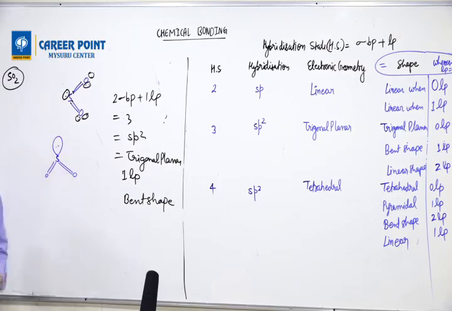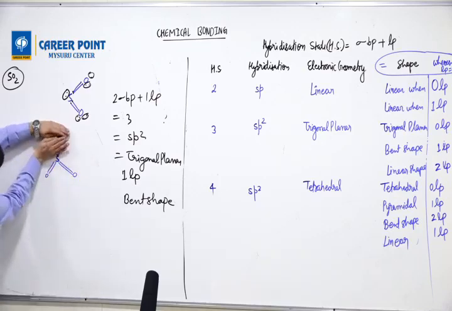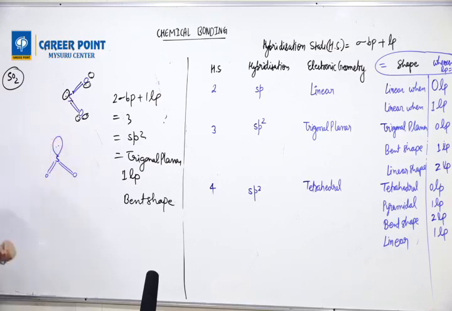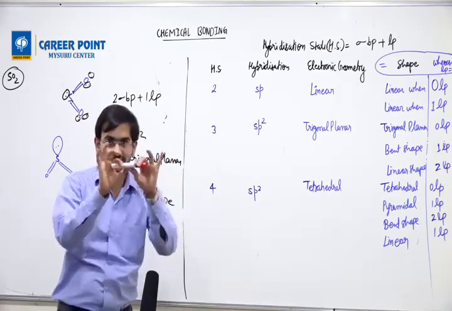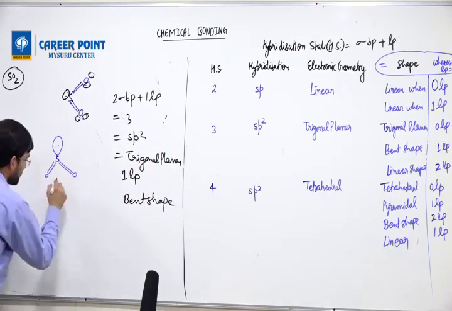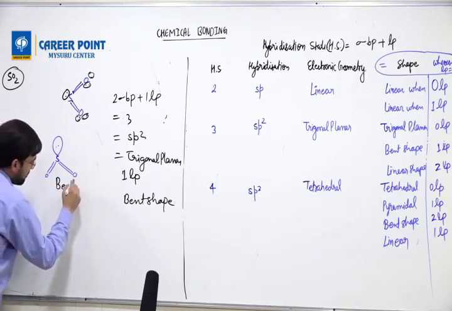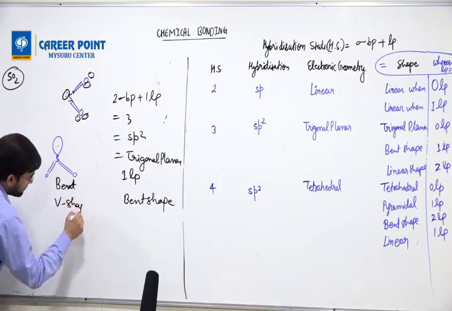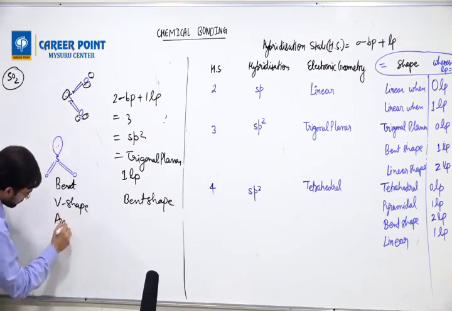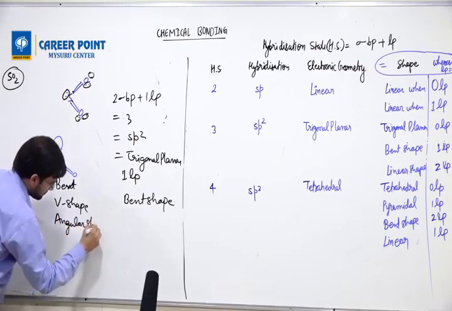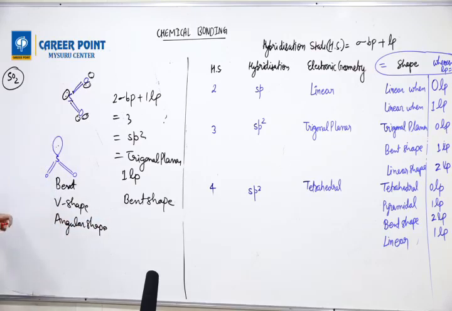When you find the shape, you have to cover this and look at what it looks like. It looks like a rod broken into a bent shape. So bent shape, V shape, also angular shape, like an angle. Understood? So this has 3 names.